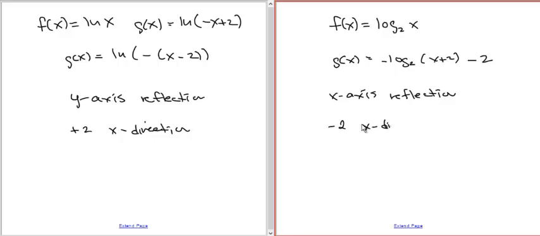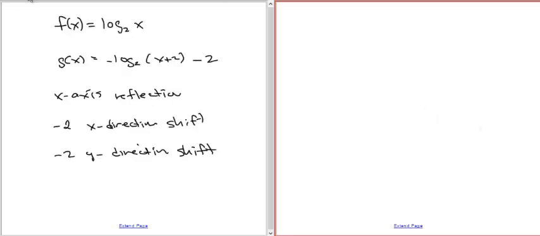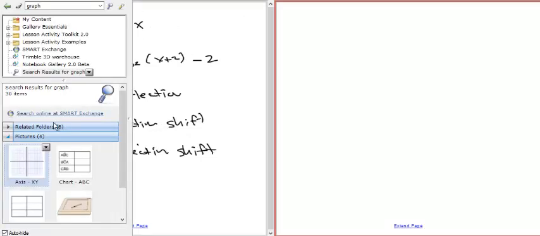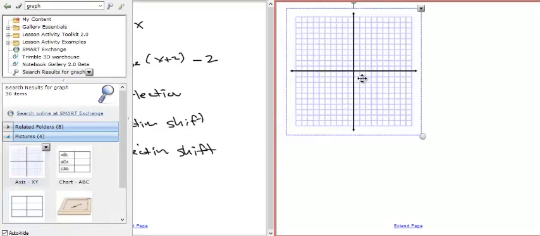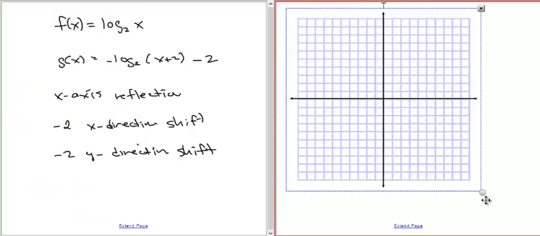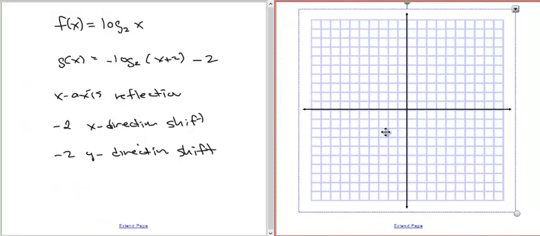x direction shift and a -2 y direction shift. So those were the two transformations. And so then when I asked you to plot them, now when you're dealing with exponential or logarithmic functions where you have the shift, the best thing to do is to shift the axis and draw it relative to the shifted axis.